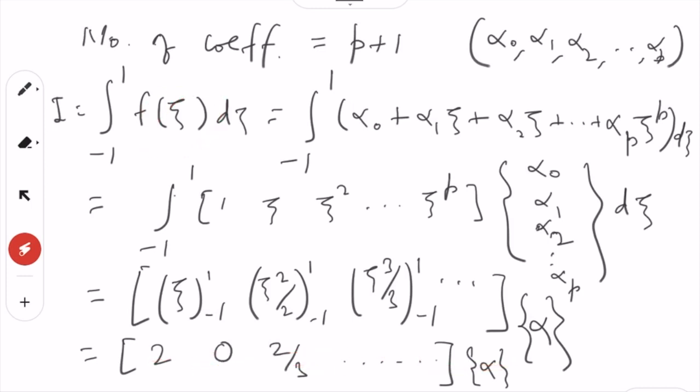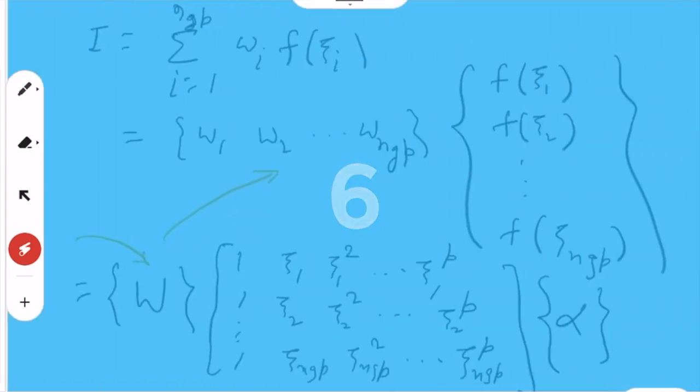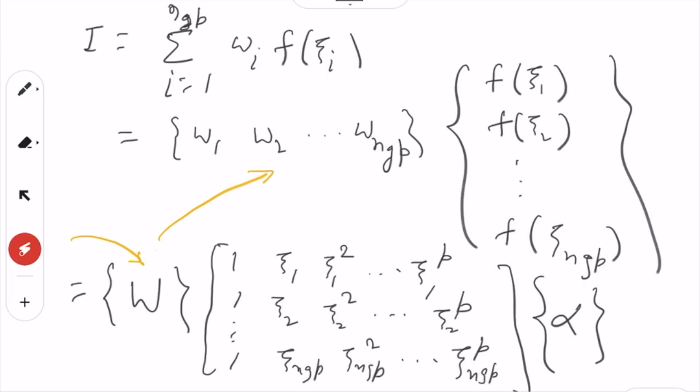Meaning we have this times alpha equal to this times alpha. That's what we are getting.